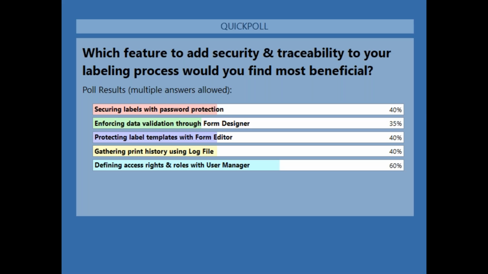Form designer is a little bit intimidating at first, but if you do view the topical webinar on that one, we show you how to just use the generic form, and you don't have to start from scratch. You can use the sample that's already included in CODESOFT and just modify that to fit your environment. That one's pretty straightforward. It's a little bit of a customized approach for your business or for your end users.